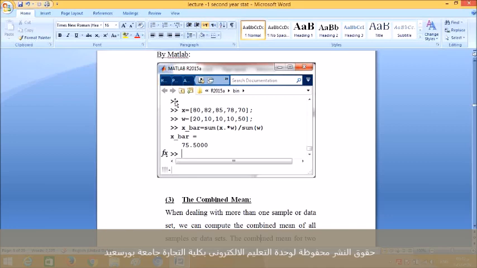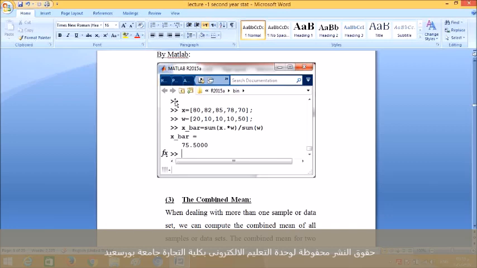We explained that the weighted mean is used when you have weights for the observations, but the combined mean is used when you have more than one sample, and you must compute one mean for every sample, and also get the combined mean for all samples.